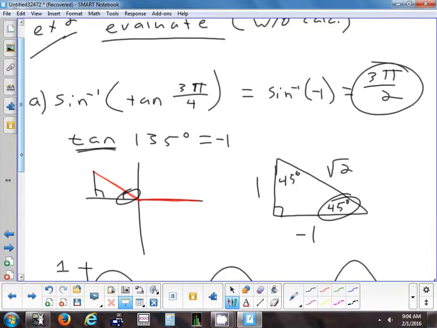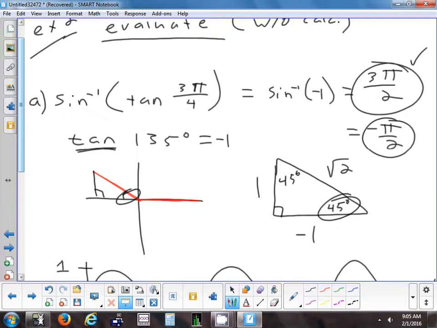That's also an answer. Which answer they want depends on what they say on the test. They could say, write your answer between 0 and 360, in which case that's correct. If they said, write your answer between -90 and 90, you would want to write -90. The directions on the test will tell you which one they're going to look for.